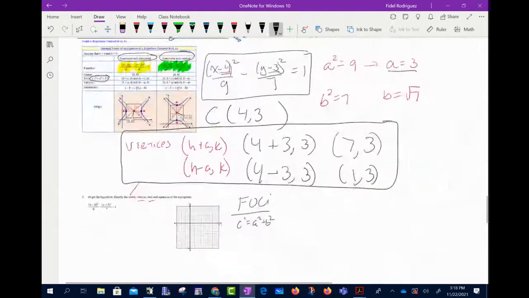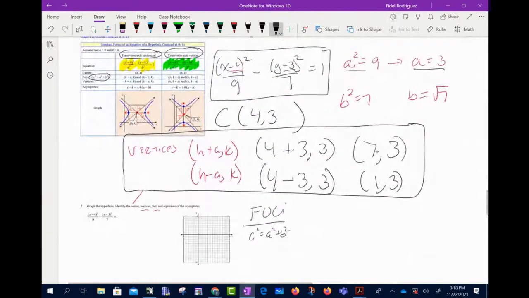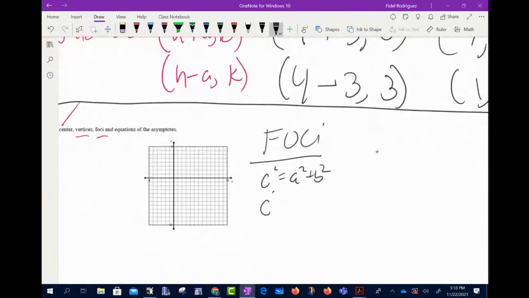We know that our a squared is 9 and our b squared is 7. So c squared is 9 plus 7. 9 plus 7 is 16. So wouldn't c be equal to the number 4?